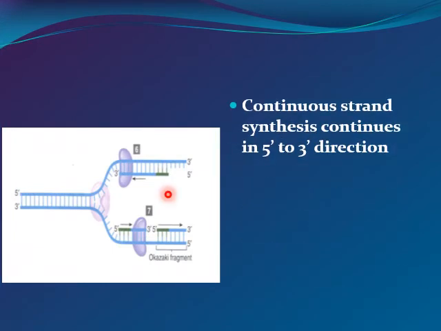DNA polymerase adds the new nucleotides to the free end of the sugar in the growing strand. That means the replication proceeds in the 5-to-3 direction, which is called the continuous strand or leading strand.